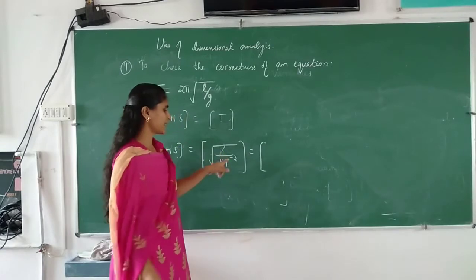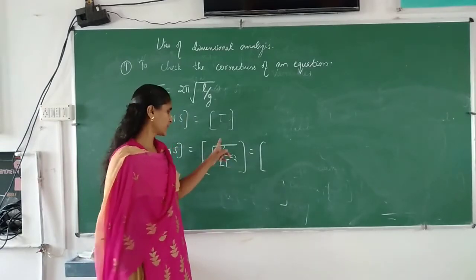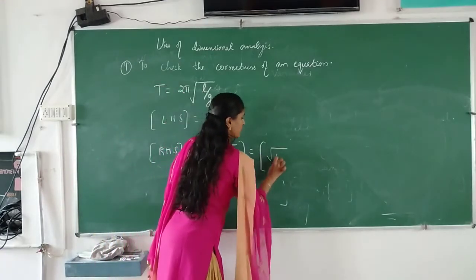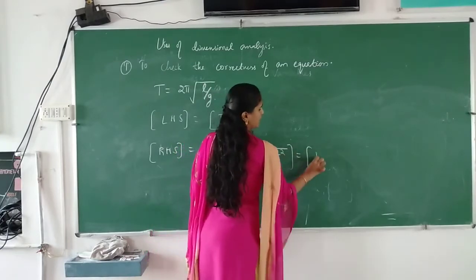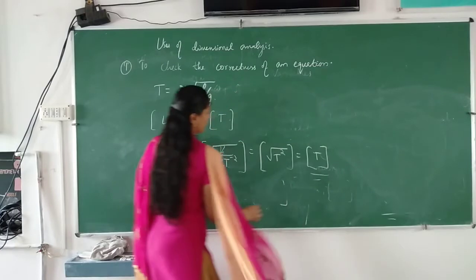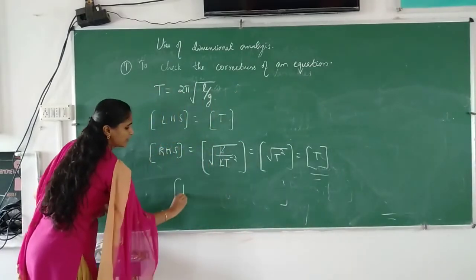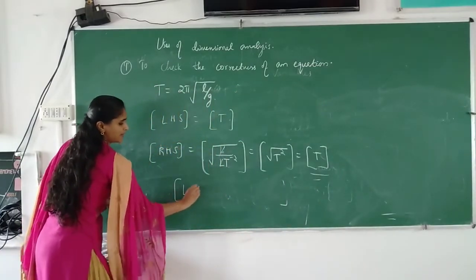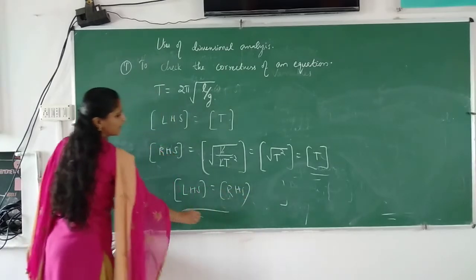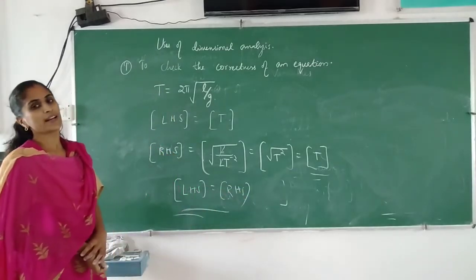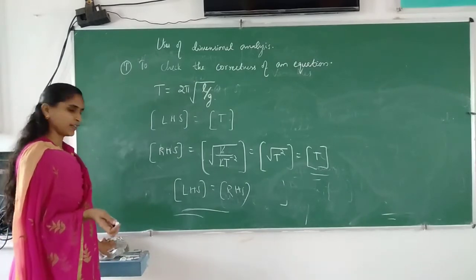L will get cancelled, and 1 by T to the power minus 2 will go to the numerator, so it becomes root of T square, which gives plus T. So the dimension of LHS and the dimension of RHS are both equal.